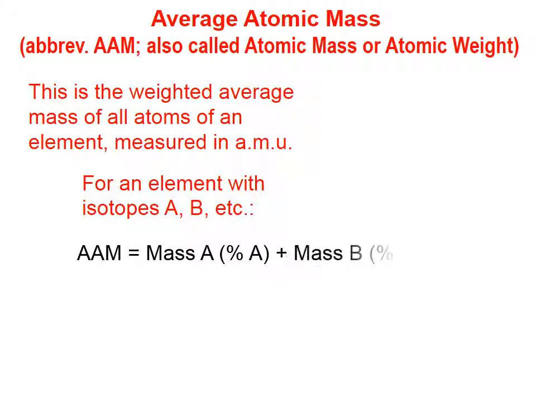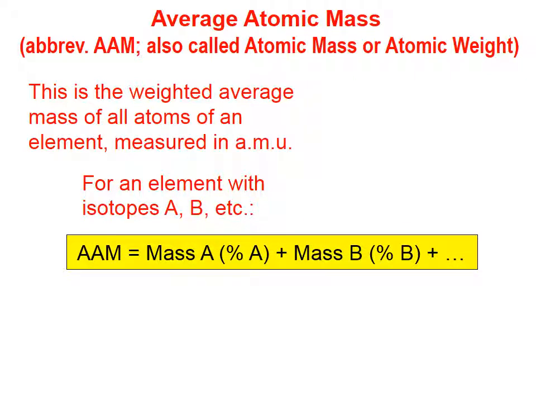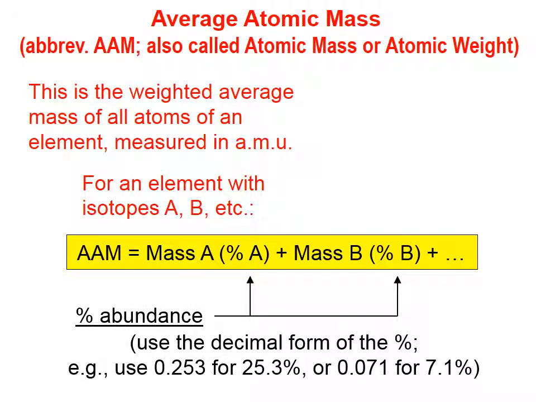For an element with various isotopes, here's the equation for calculating average atomic mass. Average atomic mass is the mass of one isotope multiplied by its percentage plus the mass of another isotope times its percentage, where those percentages are called the percent abundances. When using this equation, you want to use the decimal form of the percentage.